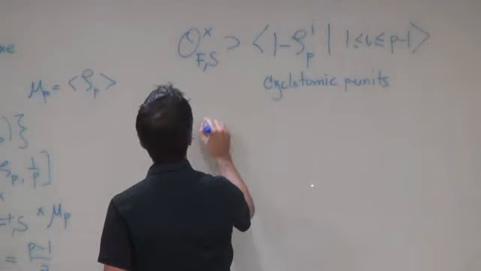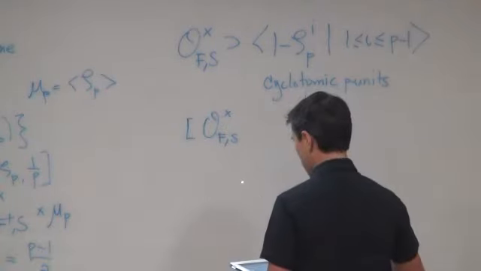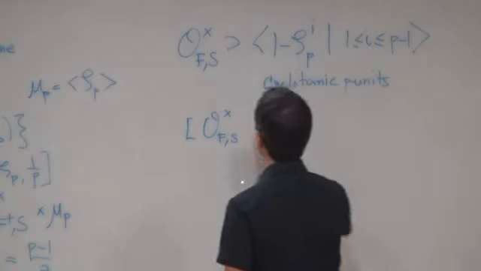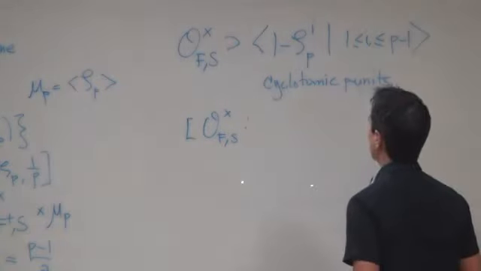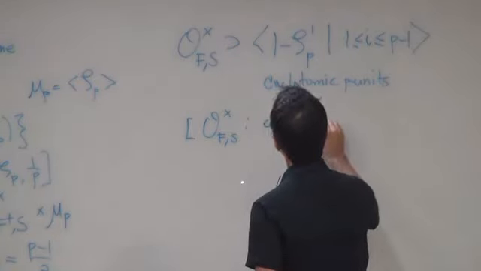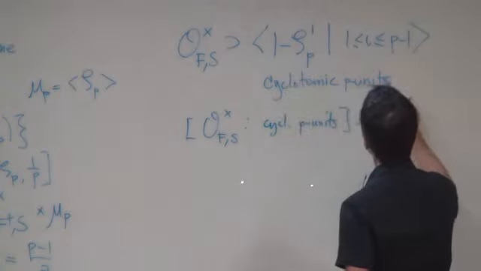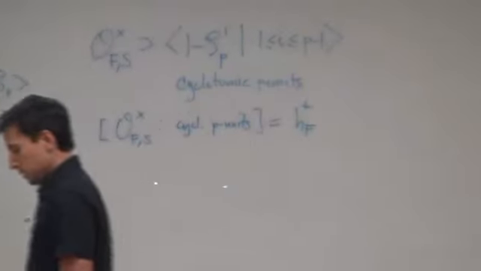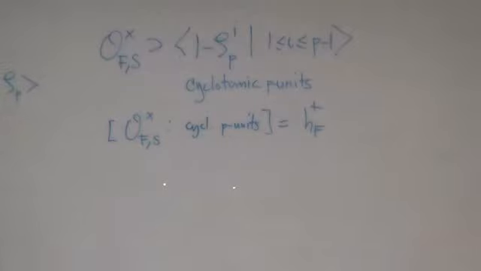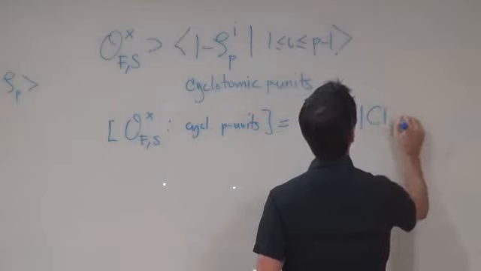So inside the p-units we have the cyclotomic p-units. And the index of the cyclotomic p-units inside the units is the plus part of the class number, that is, the order of the class group of F plus.